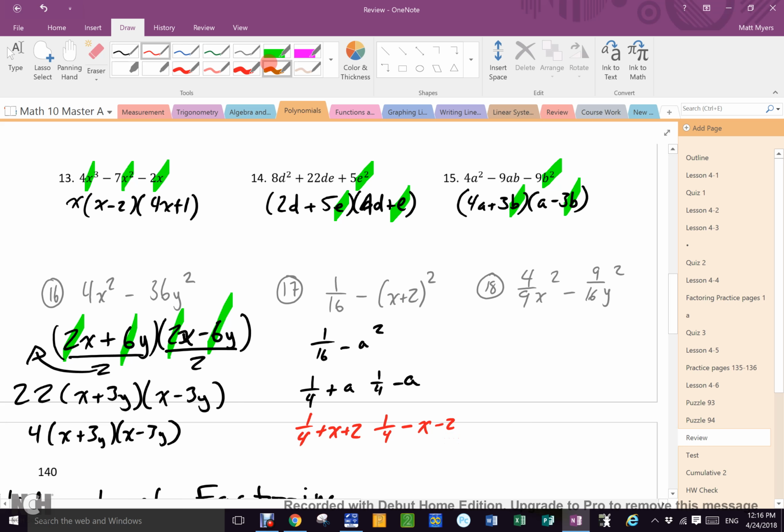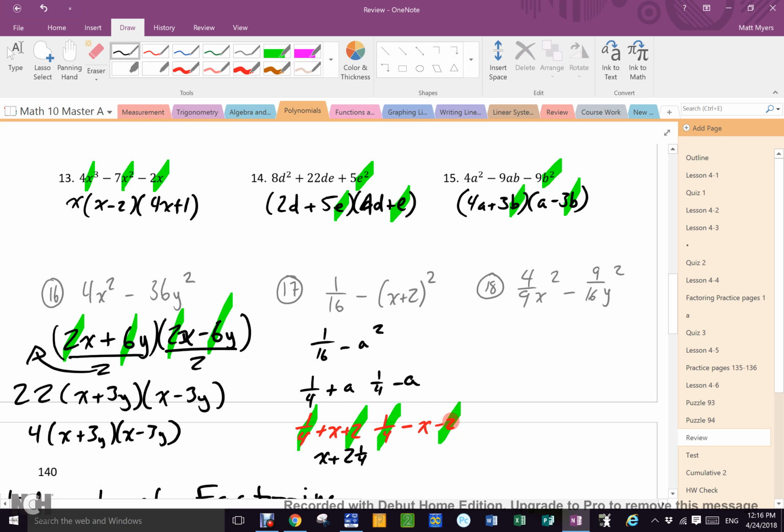Now, what do you do with like terms? Collect them. What's 2 plus 1/4? This is not a trick. 2 1/4. So that is x plus 2 1/4, right? Right?